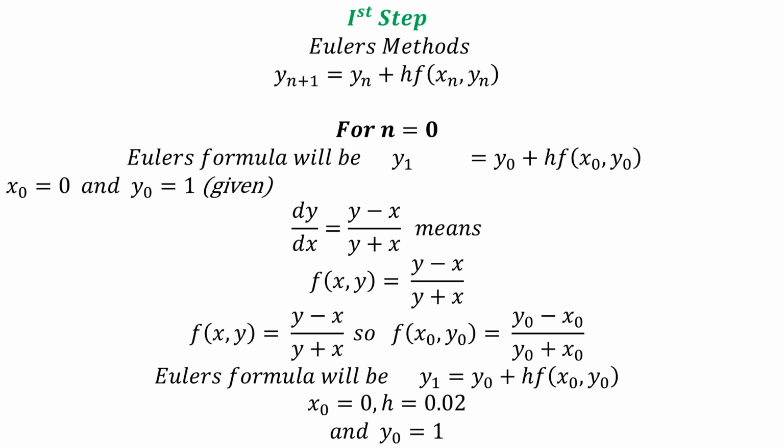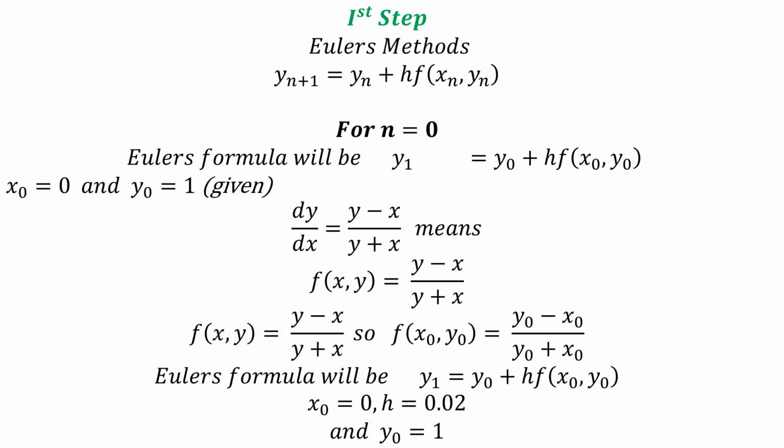The first step is Euler's method. This is the equation y n plus 1 is equal to yn plus h f of x n, y n. We will start with n is equal to 0 and go till the final answer is taken. So n is equal to 0 means y1 is y0 plus h f of x0, y0.